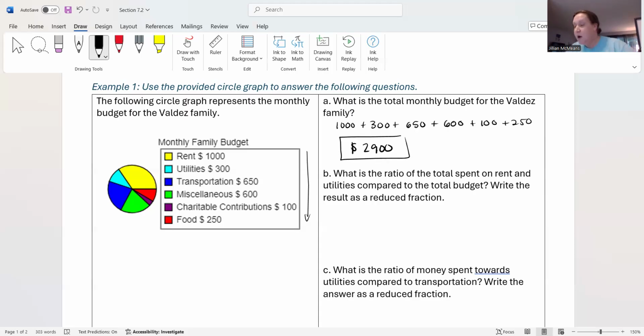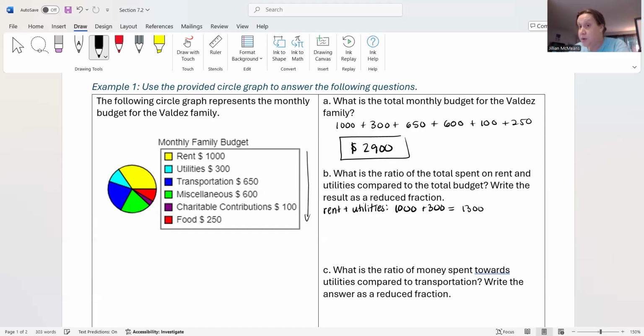Okay. Now we need to answer questions based on this. Part B says, what is the ratio of the total spent on rent and utilities compared to the total budget? The first thing we want is rent plus utilities. Rent was 1,000, utilities was 300, so the total for rent and utilities is 1,300.